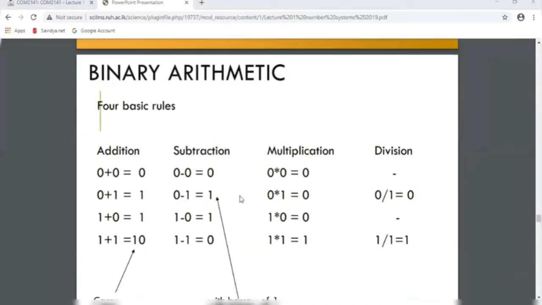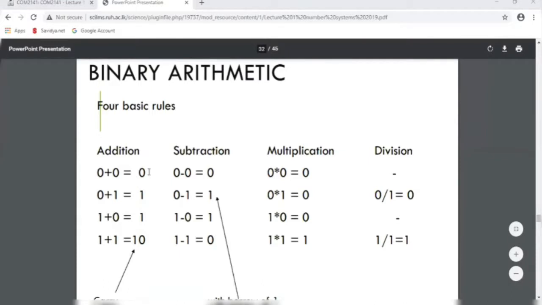And the binary arithmetic rules we discussed. There are 4 basic rules for addition, subtraction, multiplication, and division. So you know addition. For these 3 cases, it's very simple. What you have to do is actually add them together without considering much detail.